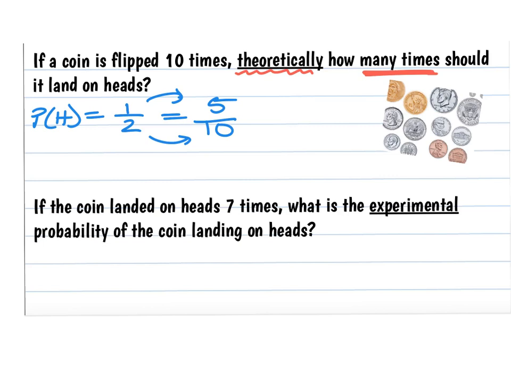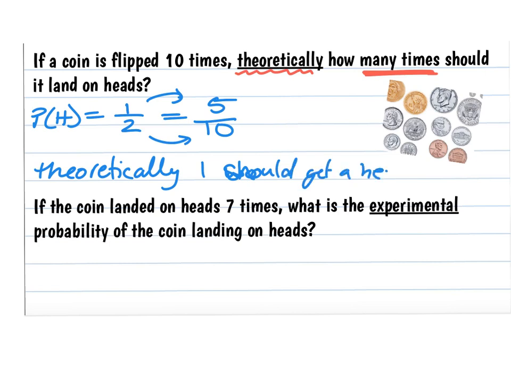So my answer should be, theoretically, I should, not would, get a heads 5 times. Again, my answer can be a whole number when it's asking for the number of times.